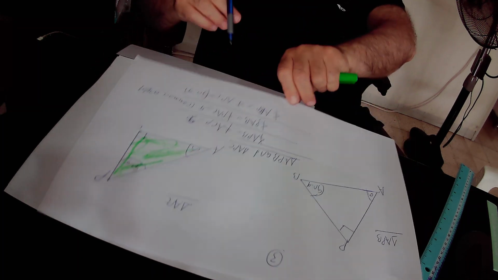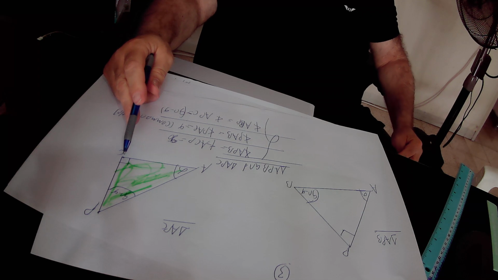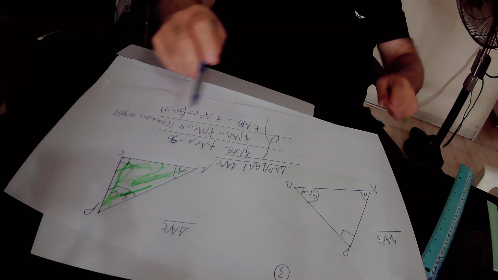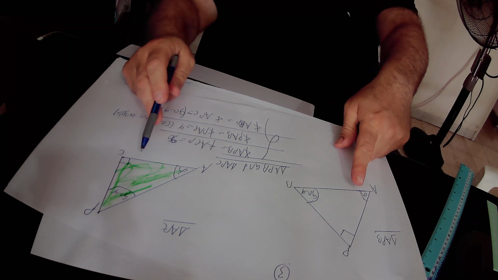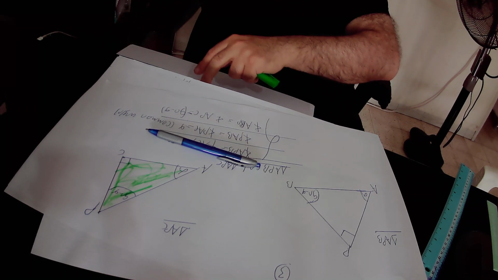So I found out that all the angles in this green triangle APC are correspondingly equal to all the angles in this right triangle APB. Therefore those two right triangles are similar to each other according to the angle similarity rule. So I write it down.